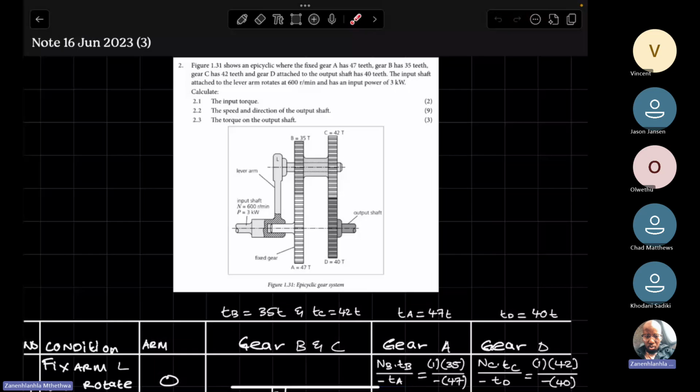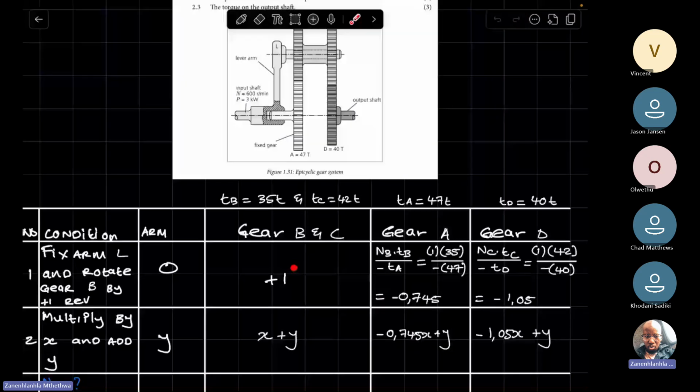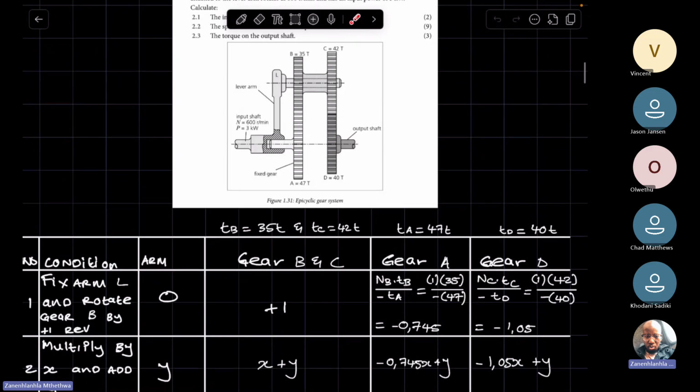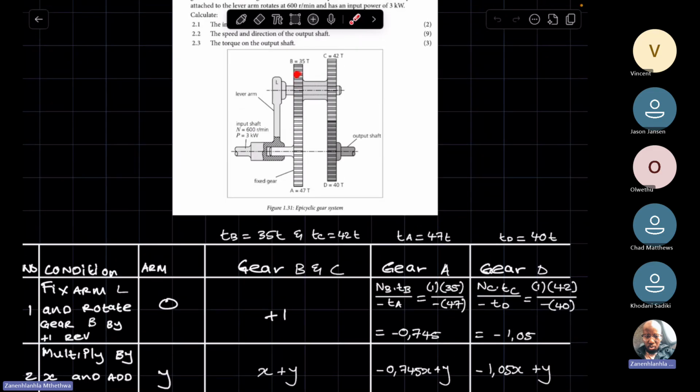So the first one is obvious. In the first condition, remember you fix the arm and then you rotate the annulus by one revolution clockwise. Here I chose gear B to be my annulus.